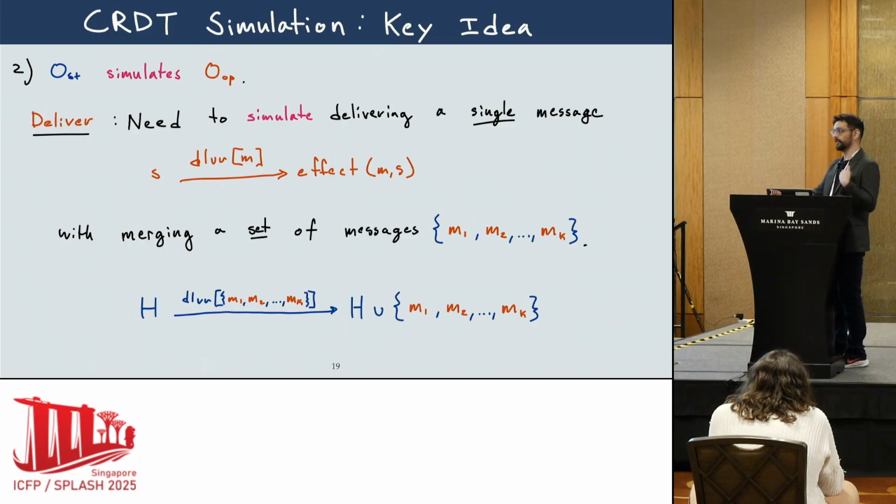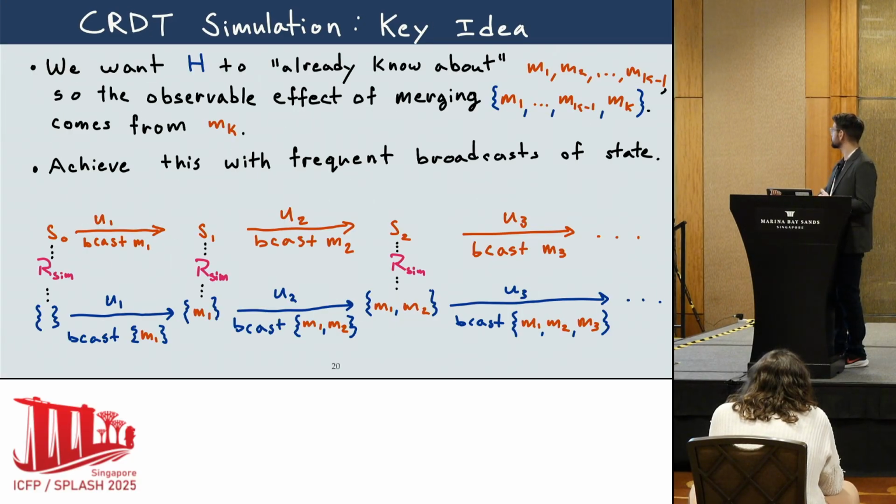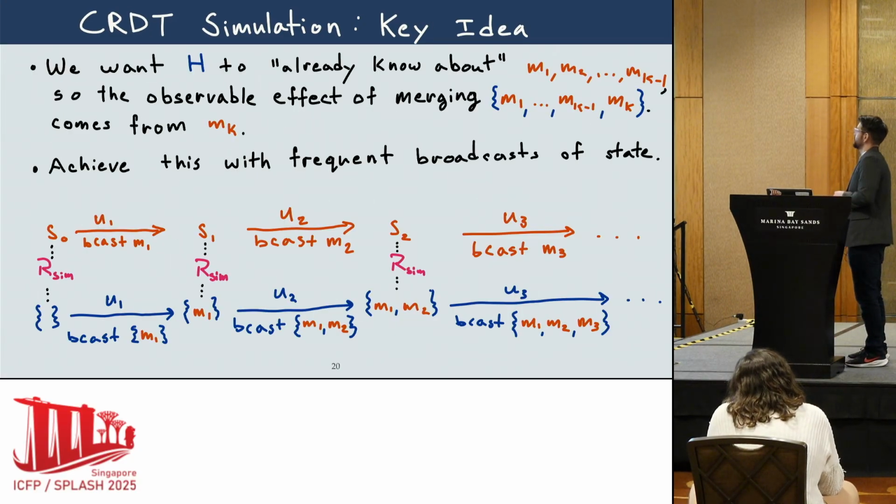And we need to be careful to not overstep somehow. The way that we think about this is whatever that replica chooses to merge, we want its state H to already know about messages m1 through m_{k-1}, where the m_k message is the one that contains the effects we care about.